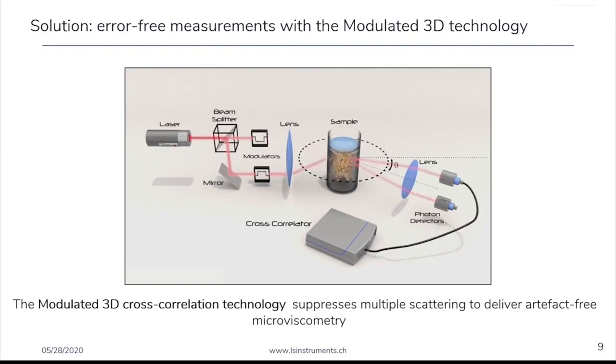So one always measures completely multiple-scattering-free, single scattering intensities, and thereby is able to do an artifact-free microviscometry experiment.